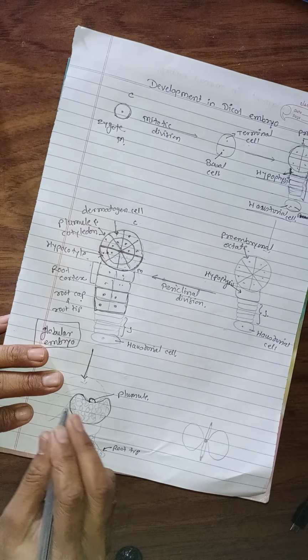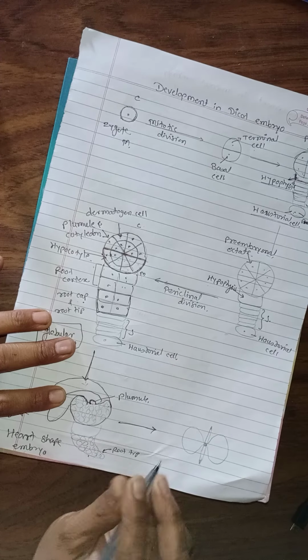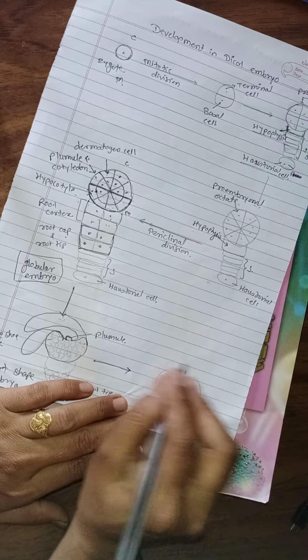This structure is known as heart shape embryo. Further development takes place, and the shape becomes a horseshoe shape embryo. And at last this embryo is like this.